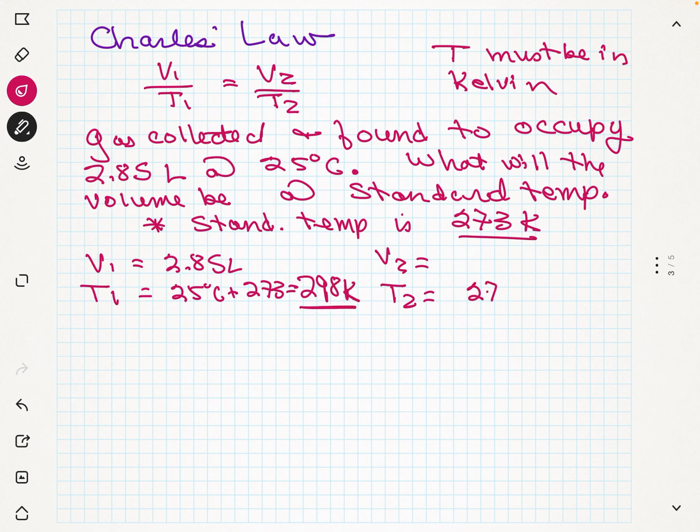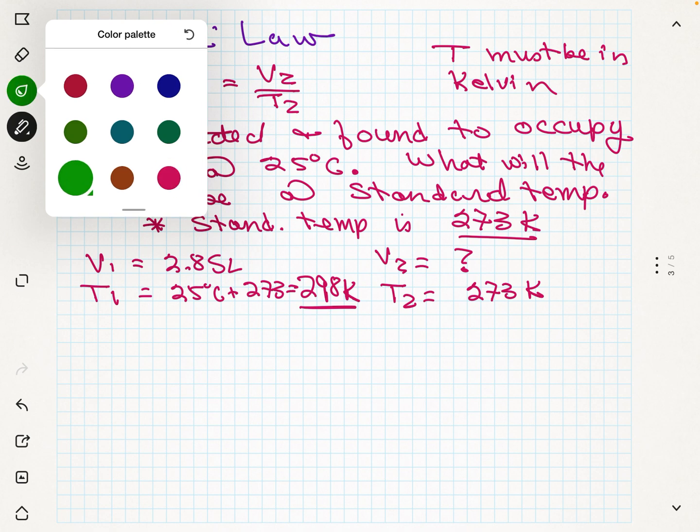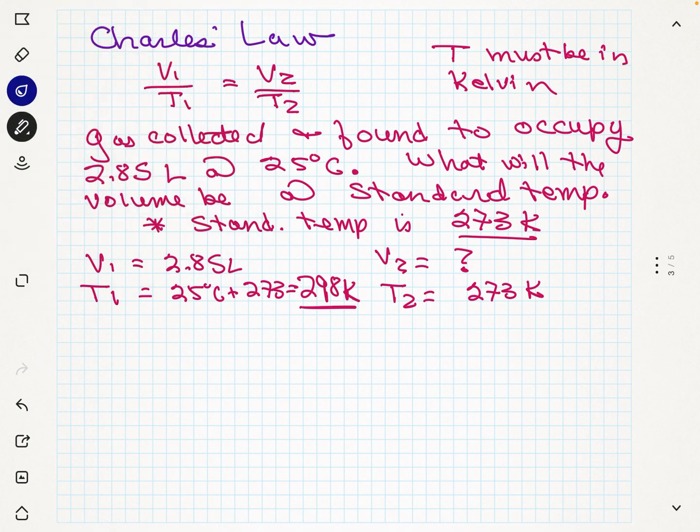This is 273 Kelvin, and this is unknown. For this problem, I'm going to rearrange and then solve. As I rearrange here, I'm solving for V2, so I need to multiply each side by T2. I like to have my unknown on the left, just my own personal preference. That'll be V1, T1, and T2.